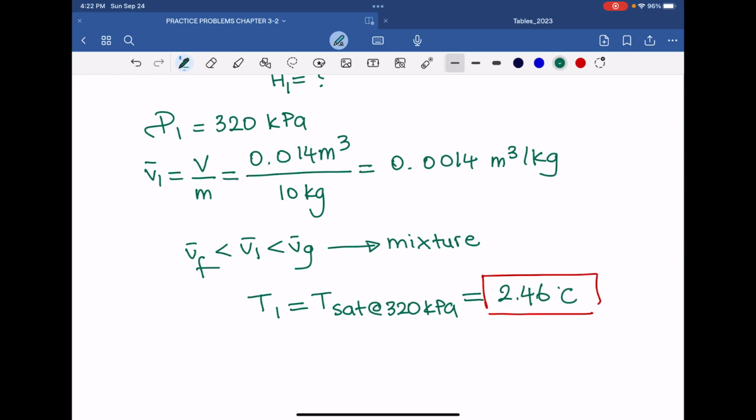So I need to find the quality at the first state to be able to calculate the specific enthalpy first. And to calculate the quality, I need to use a known specific property. In this case, it's specific volume, because that is what we know. So I can use this equation.